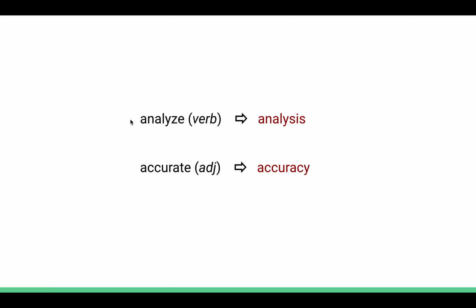And when we nominalize, we typically start with a verb or an adjective, and we transform that word into a noun. We literally nominalize it. Okay? So we start with the verb analyze, and when we nominalize it, it becomes analysis. The adjective accurate then becomes accuracy. So these words here in red are nominalizations of their words on the left.